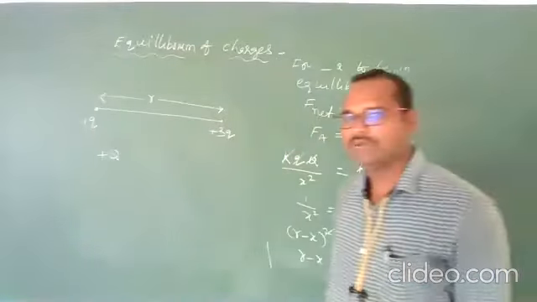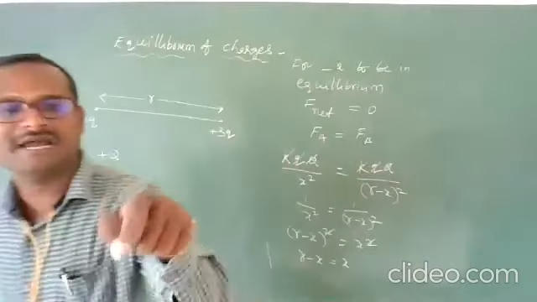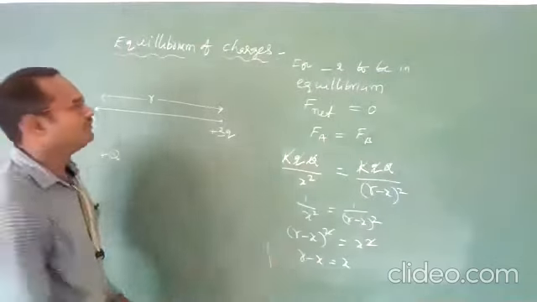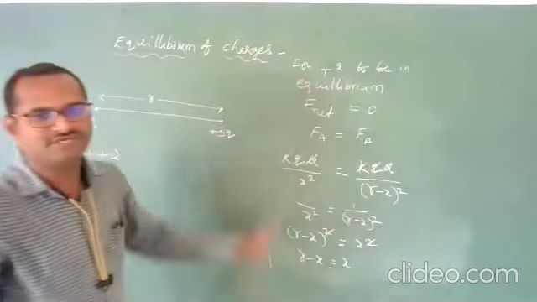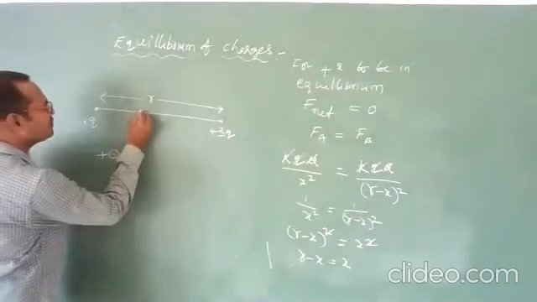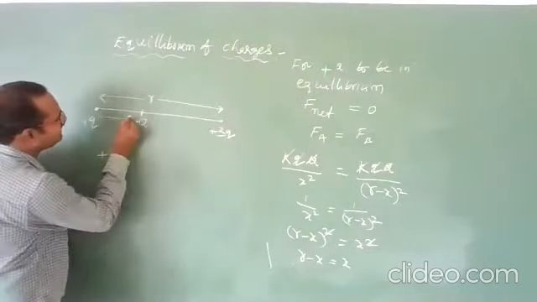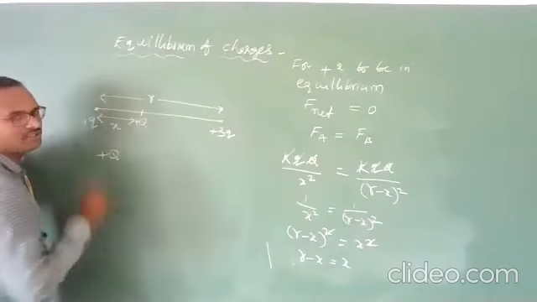What is the location? Net force on it should be 0. So let us suppose we keep capital Q at a location here, at a distance of x from small q.